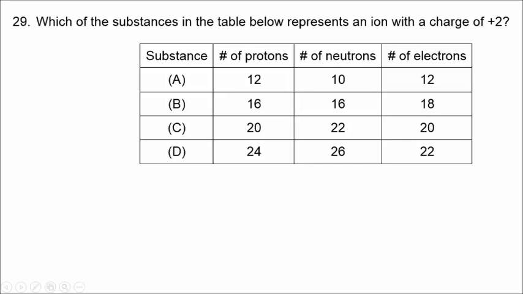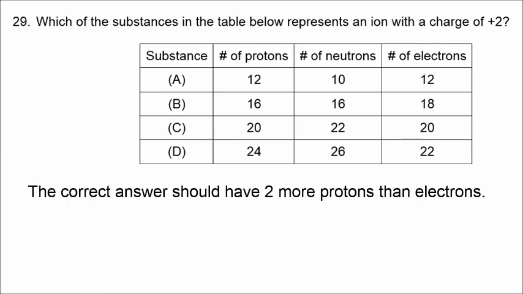We have already seen that when you have a positive charge, you have more protons than electrons. If we're looking for a substance that has a positive 2 charge, we need there to be 2 extra protons compared to the number of electrons. So the only choice that does this is D, because 24 protons and 22 electrons.